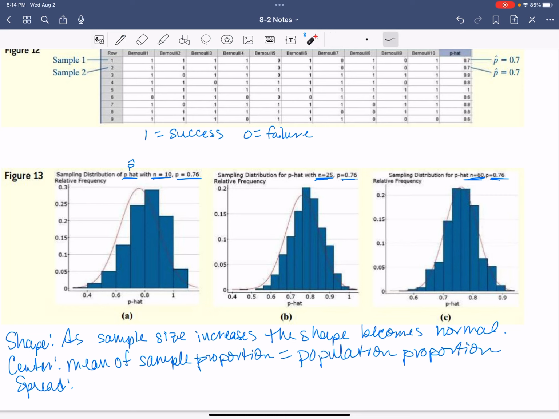So right here at the center, like where we're looking at the center of this data, it's about 0.76. Look at this center. What is it? About 0.76. Where's this center? Halfway between here. I'm doing a terrible job of drawing a line. That's what's going down. Okay, what about the spread?